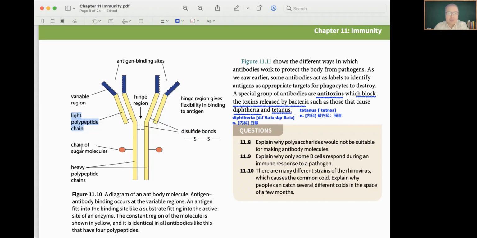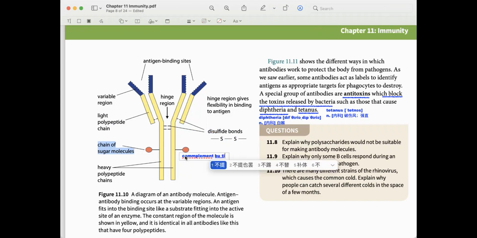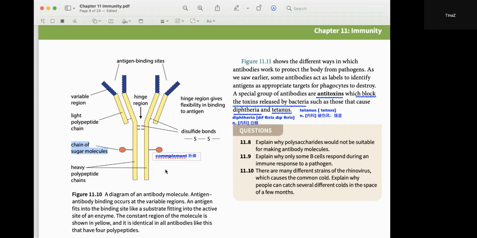Also, we can see there's a chain of sugar molecules. This sugar molecule chain will combine with complement. I write it down here. There's no need for you to remember what the complement is.